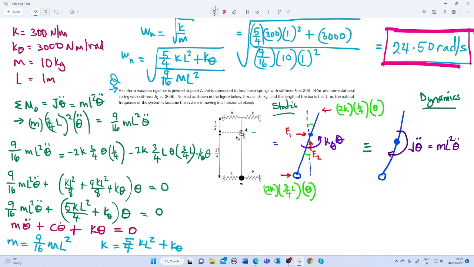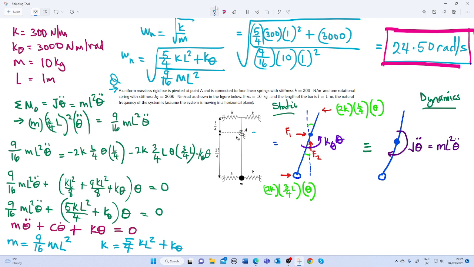Once again, a uniform massless rigid bar is pivoted at point A and is connected to 4 linear springs with stiffness K, which is 300 Newton per meter, and 1 rotational spring with stiffness K theta, which equals 3,000 Newton meter per radian, as shown in the figure below.